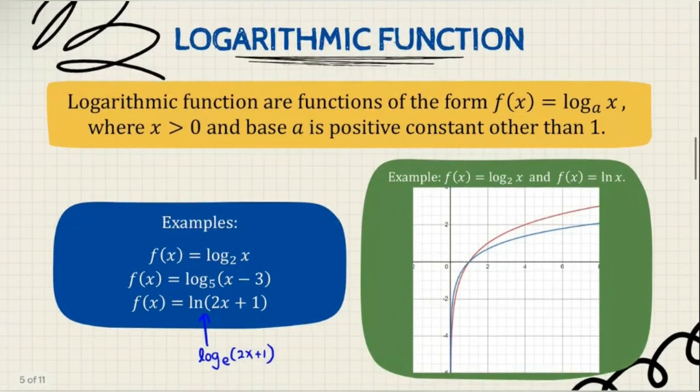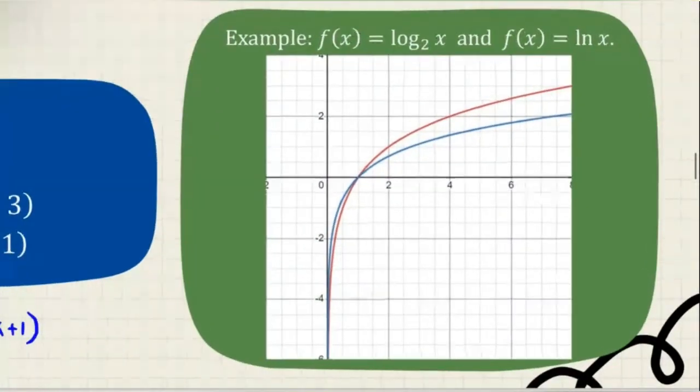Now saya akan tunjukkan graf untuk log dengan ln. Sama juga macam tadi, a^x dengan e^x adalah shape yang sama. Sama juga untuk function log base 2 of x, bentuknya sama dengan ln of x, cuma keturunan dia sedikit berbeza.